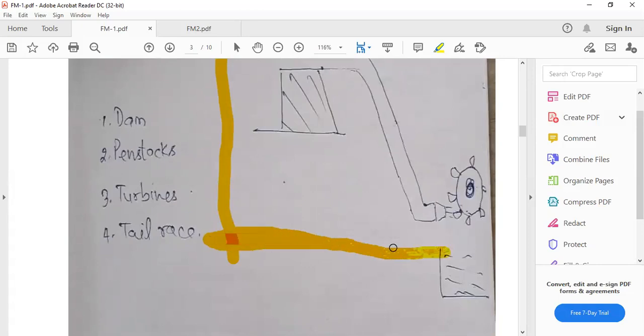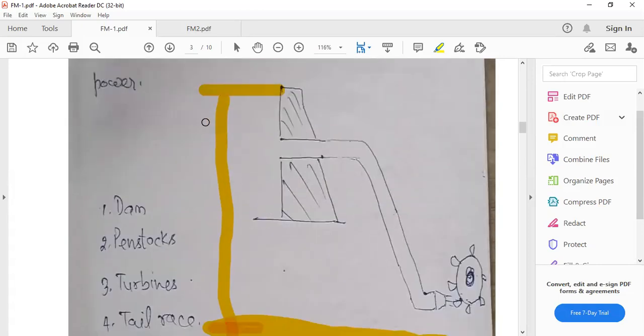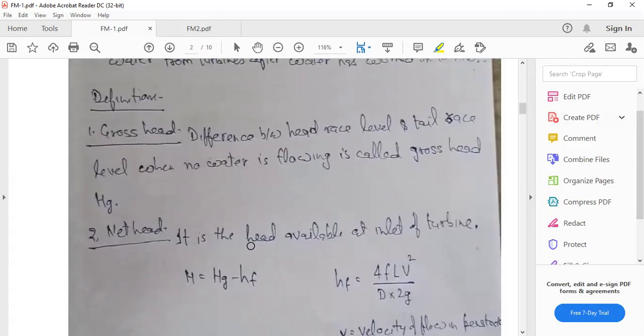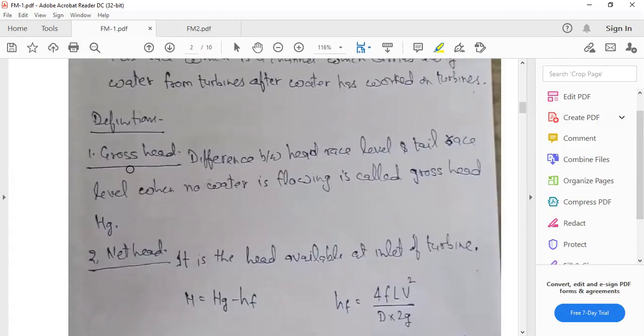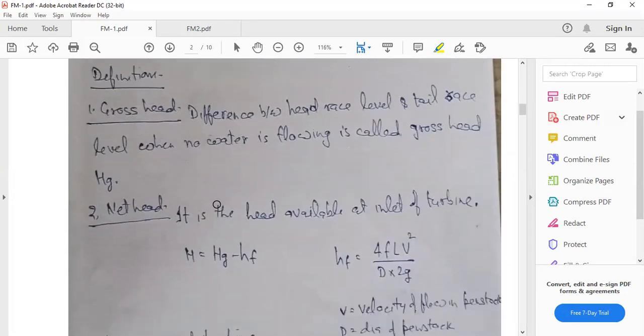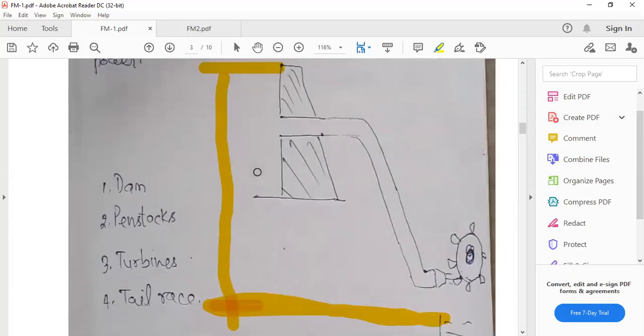So the difference between head race level and tail race level, that is known as gross head, when no water is flowing. At that time, the difference between head race level and tail race level is known as gross head.